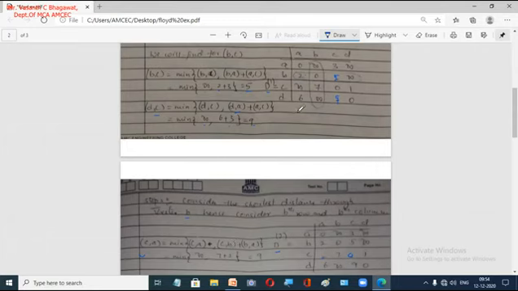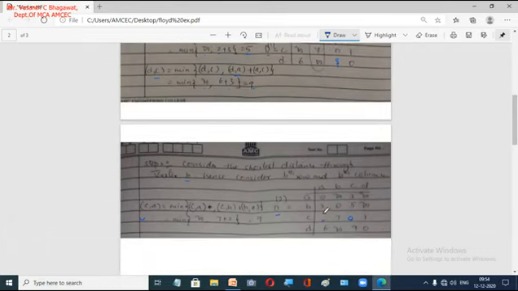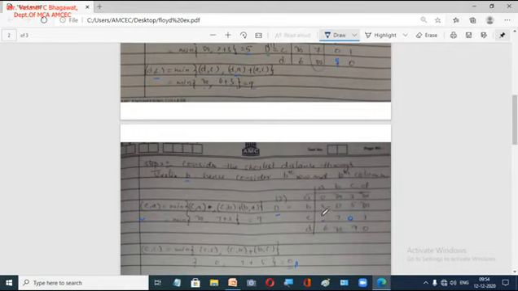CB plus BA. CB, that is 7, plus BA, this value is BA, right? 7 plus 2, 9. So infinity and 9, which is minimum? 9 is minimum. So this value will be 9 now. Clear? So now all values are filled.